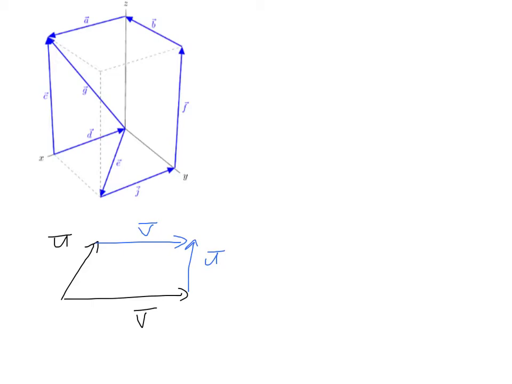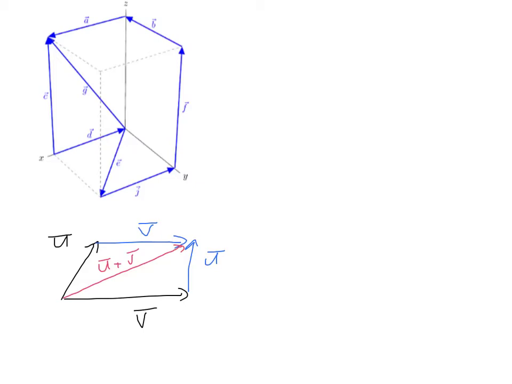Then we go tail to tip, and tail to tip, and this is the vector u plus v, and that is the parallelogram law.